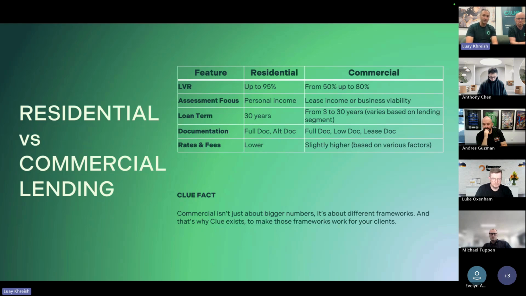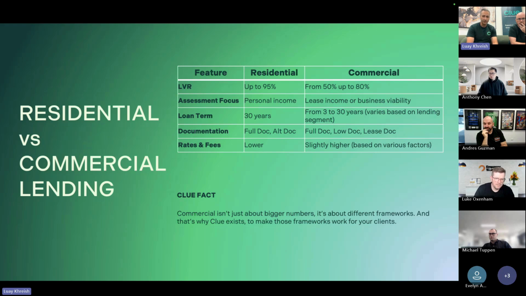In terms of documentation, you'd be pretty used to the resi side of things, full doc, 2 years financials, etc. There may be alt doc options out there in resi still. In commercial, obviously you've got your full doc, there's low doc, lease doc.